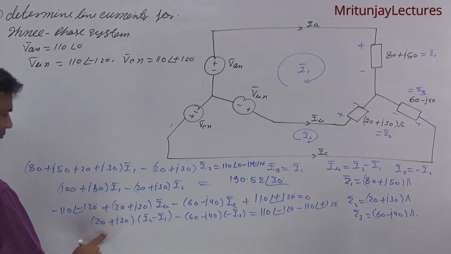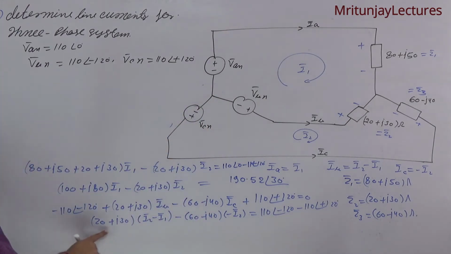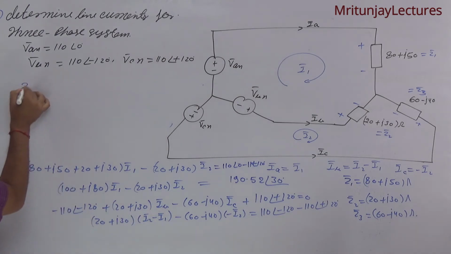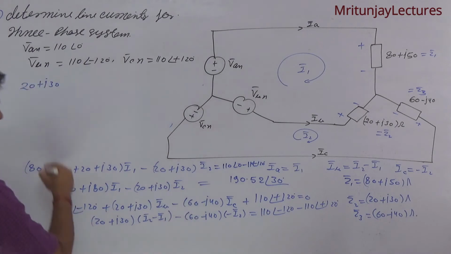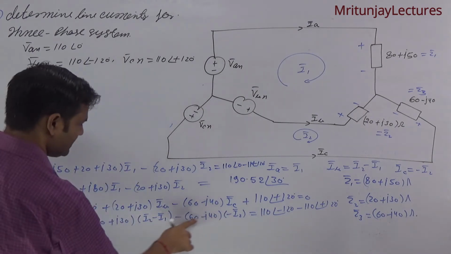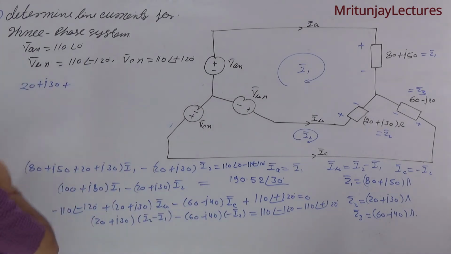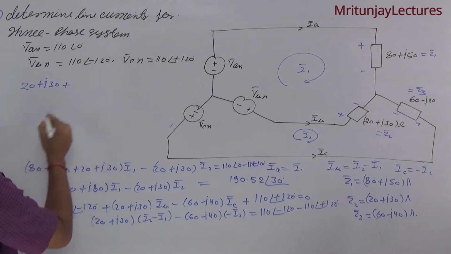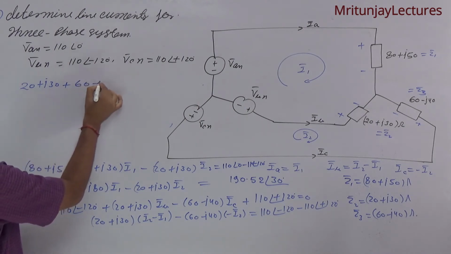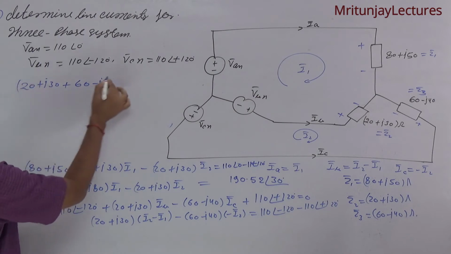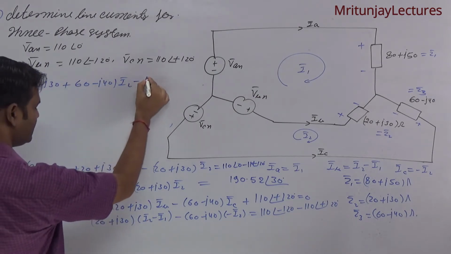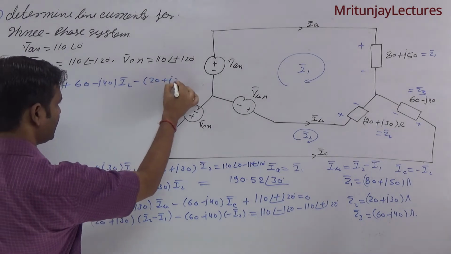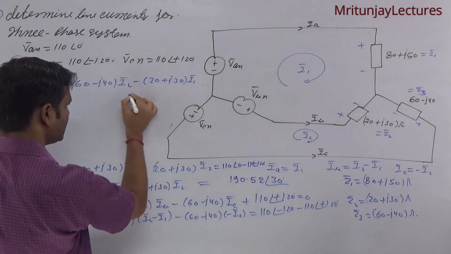Now 20 plus j30 minus minus plus 60 minus j40 into I2, and minus of 20 plus j30 into I1.